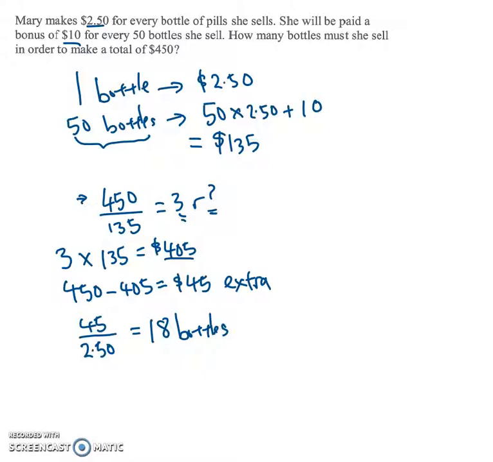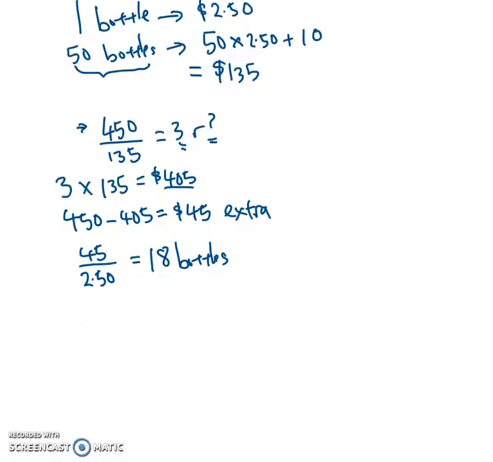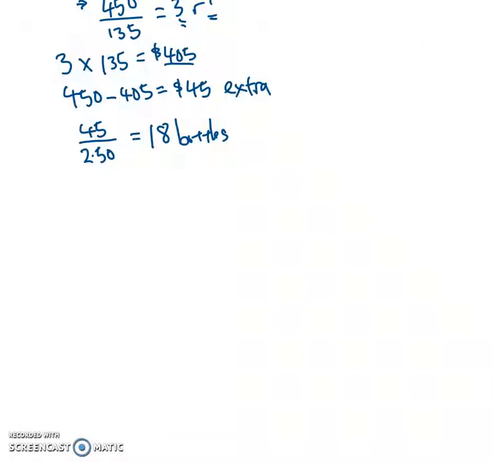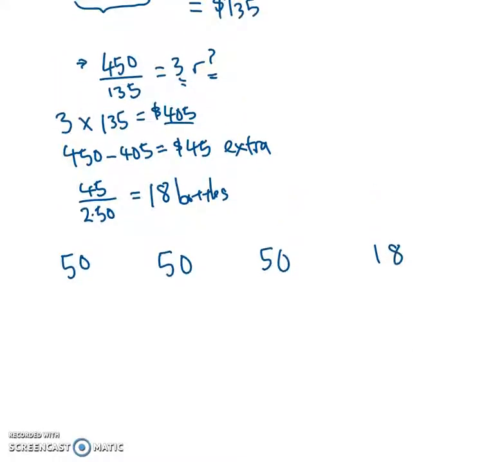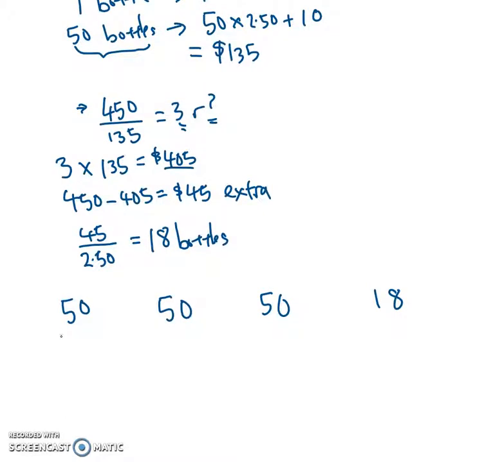45 divided by 2.50, which is 1 bottle, equals 18 bottles. Alright, I know sometimes this might seem a bit confusing, so I'm going to draw it out for you. I'm going to sell 50 bottles, 50 bottles, 50 bottles, and another 18 bottles in order to earn my 450. So 50 bottles is $135, another 135, another 135, and 18 bottles I earn 45.